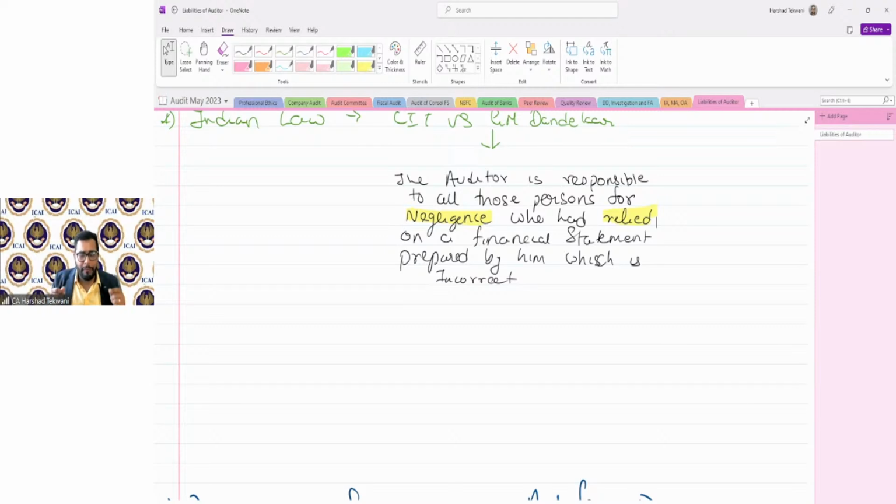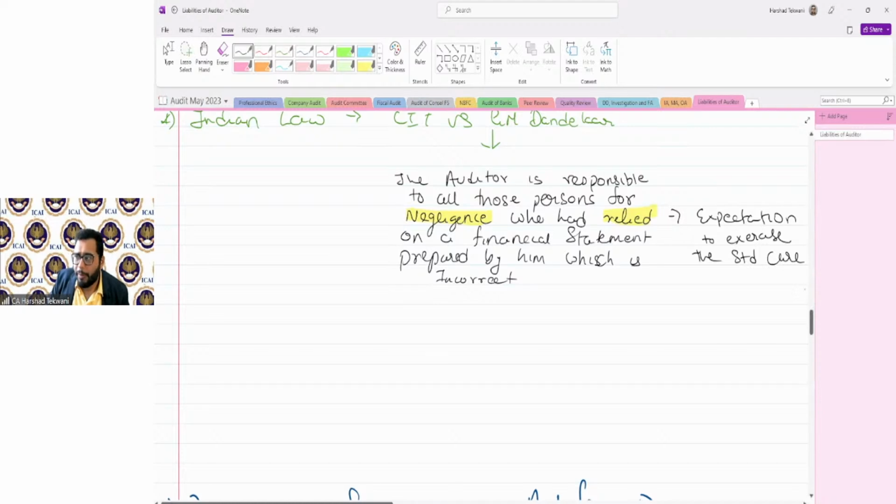So when I say relied upon, it means that there is an expectation to exercise the standard care in performance of his duties.